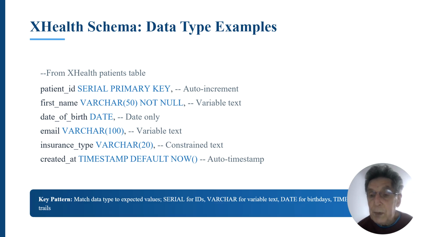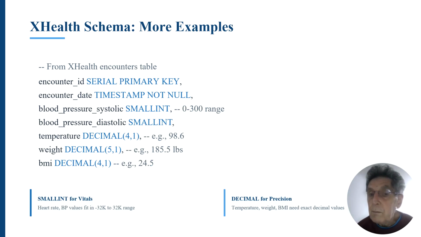Insurance type, varchar of 20 with constrained length, suggests limited options like Medicare, Medicaid, commercial. And created at timestamp, default to now, automatically captures when the record was created for an audit trail. What's the design principle? Each type choice should have a reason. Can you justify every decision to an auditor?